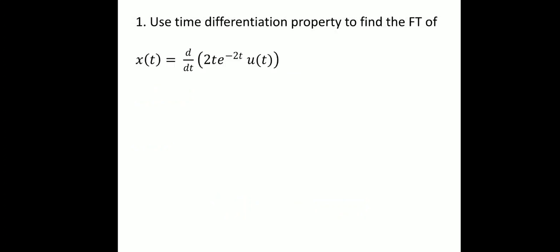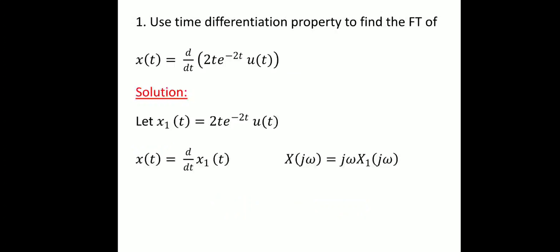Now it looks like x of t is the derivative of some function, say x1 of t. In order to solve the problem, let us consider 2t e power minus 2t u of t as x1 of t, then we can write x of t as d by dt of x1 of t.